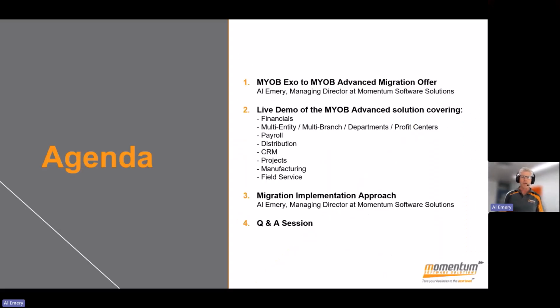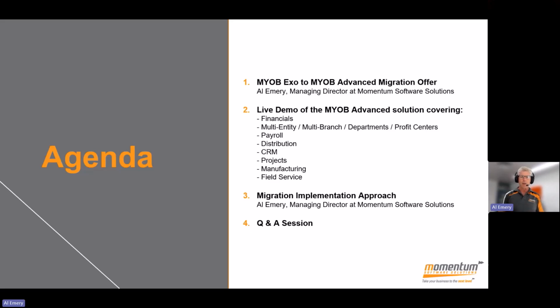So the agenda for this morning is I'm just going to spend 5 or 10 minutes talking to you about the Exo to Advanced migration offer, why it exists, what it is, and hopefully answer some of the questions you might have. I'm also going to talk a bit about the decision by MYOB to announce end of life for Exo Payroll, effective from November 2025, and what that means to you.